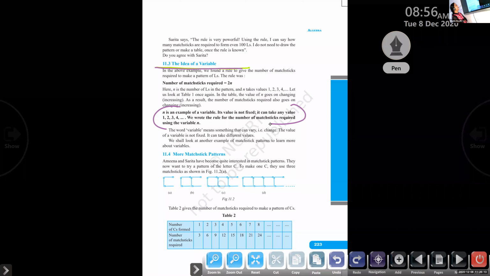It can take any value, 1, 2, 3, 4, etc. We wrote the rule for the number of mastics required using the variable n. We should write n as an example of a variable. Everything in bold letters, what is written in the bold letters, I just put the bracket, right? That you have to write.